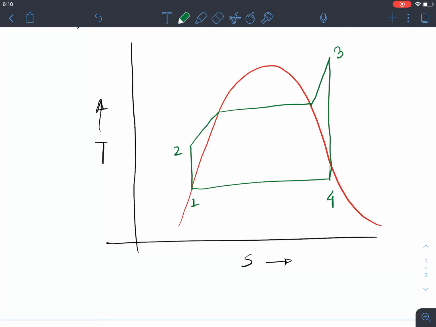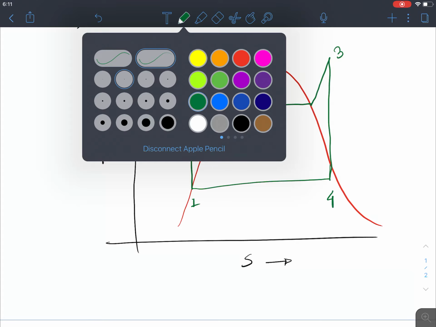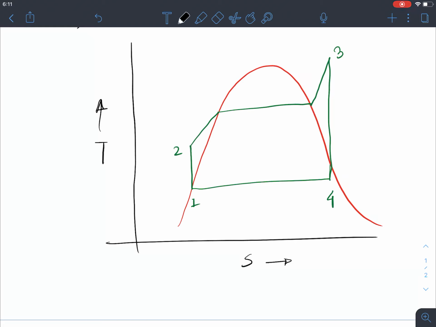In the ideal case we assumed that the pump is an isentropic compression. However, due to irreversibility, the temperature in the pump slightly increases. That increase will be expressed by a dotted line. So this would be the new actual case.